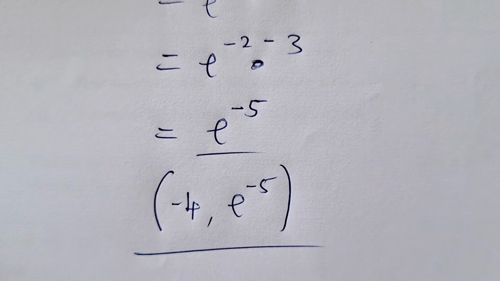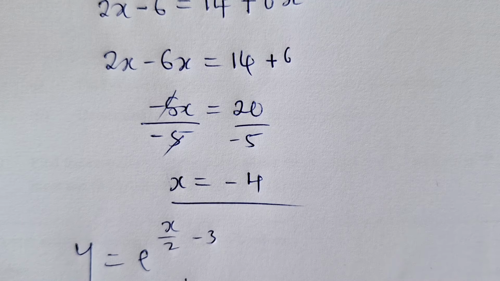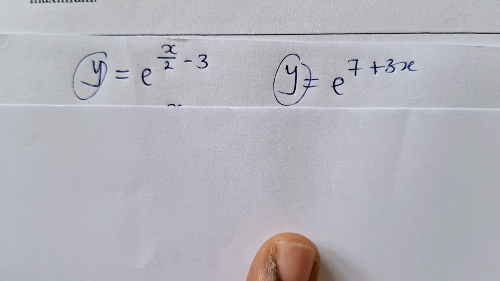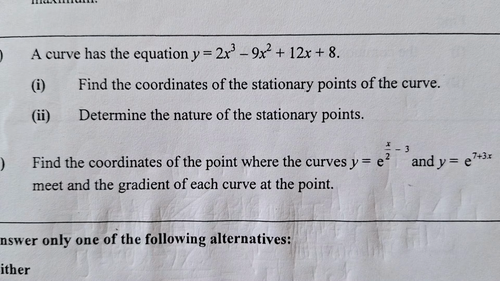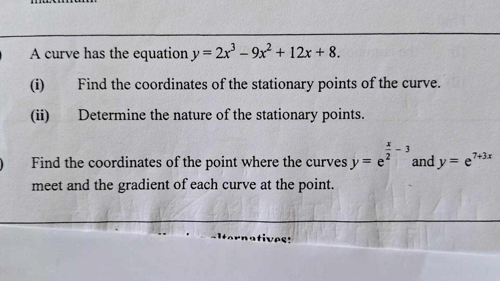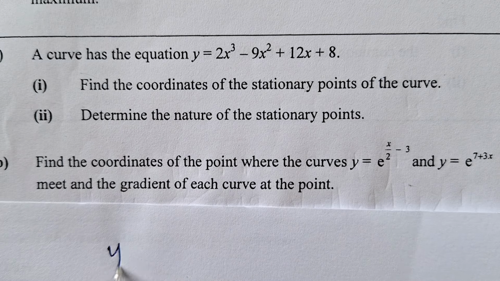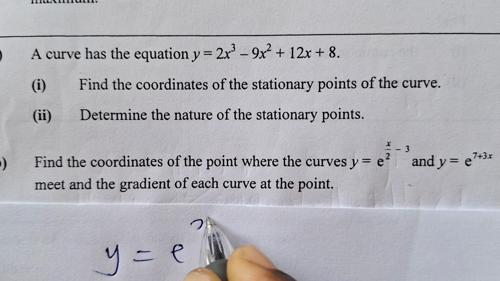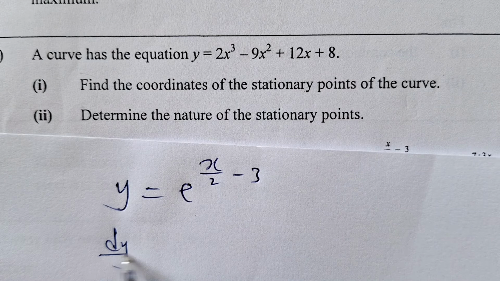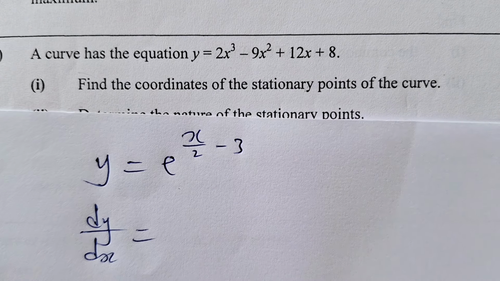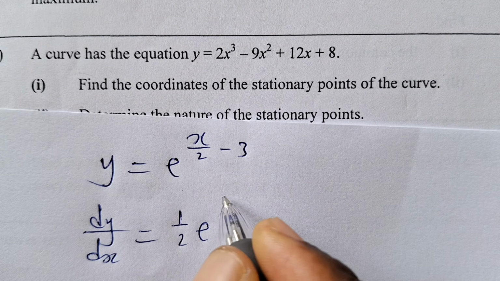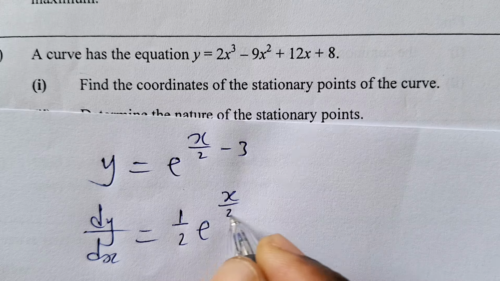So now finding the gradient at this point, because they said we also find the gradient of each. So finding a gradient at that point, we just get these given curves. So the first one here is y is equal to e power x over 2 minus 3, and then we say dy dx is equal to, the derivative of this will simply be equal to 1 over 2 e power x over 2 minus 3.